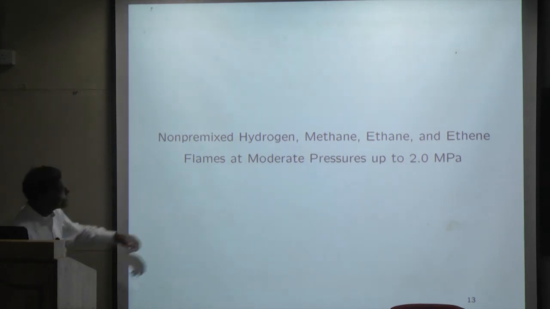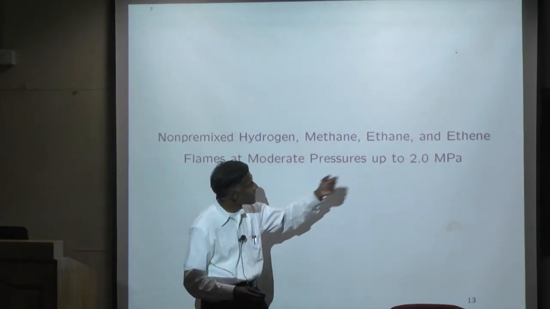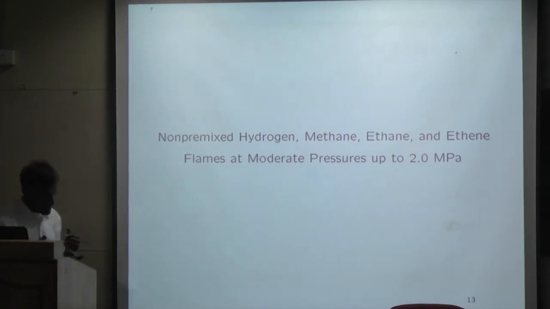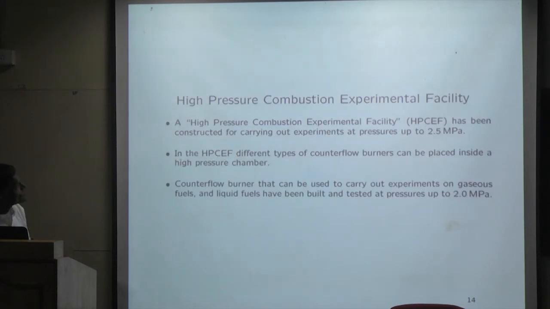So we have built at UCSD a high pressure apparatus to study ignition and autoignition characteristics of jet fuels at very high pressures. We have something called a high pressure combustion experimental facility.